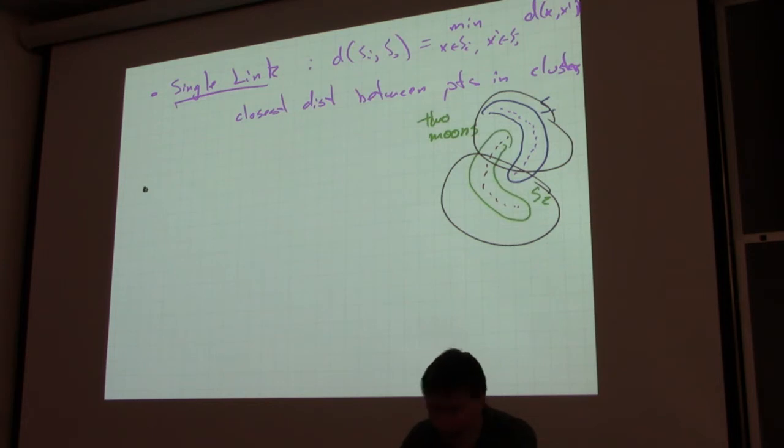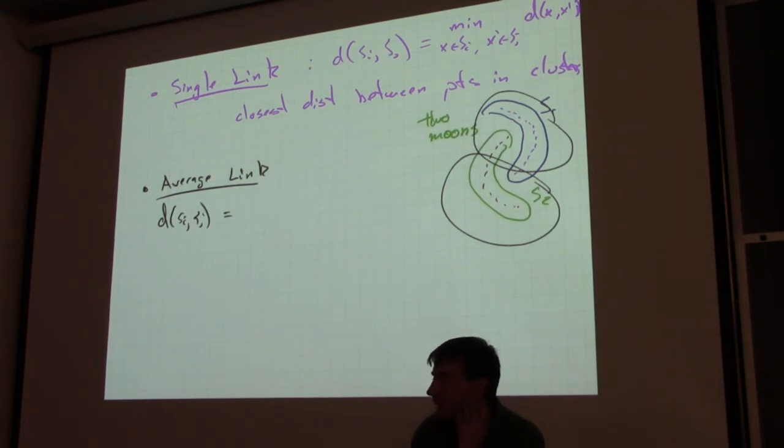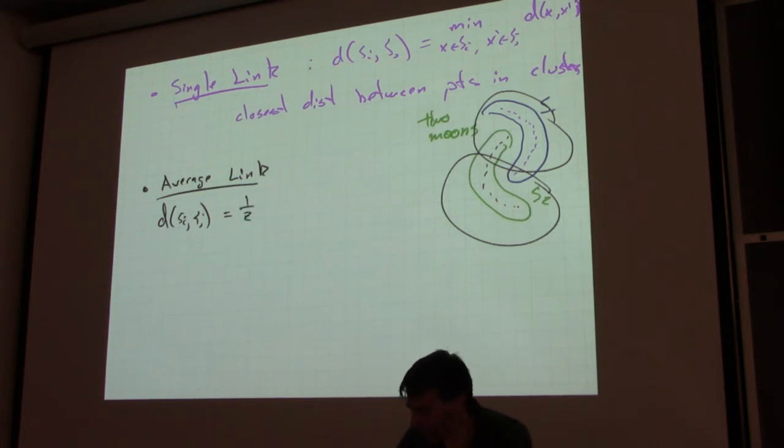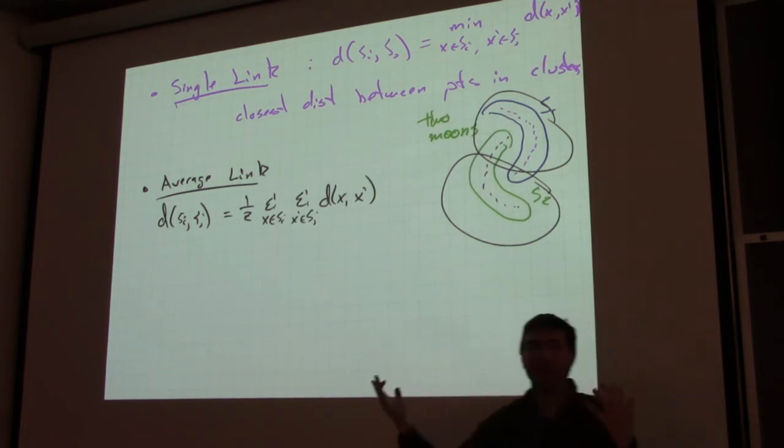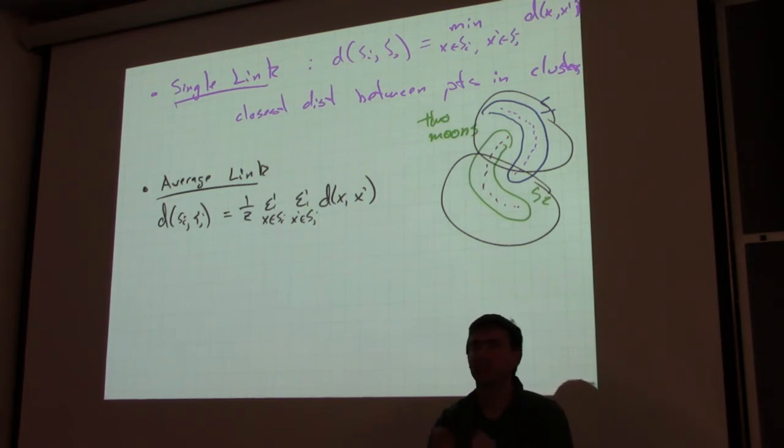This would be called the average link, and d of si, sj is equal to some normalizing term times the sum over all x in si, sum over all x prime in sj, of the distance between x and x prime. So I want the average distance between all pairs of points in my clusters to be small.